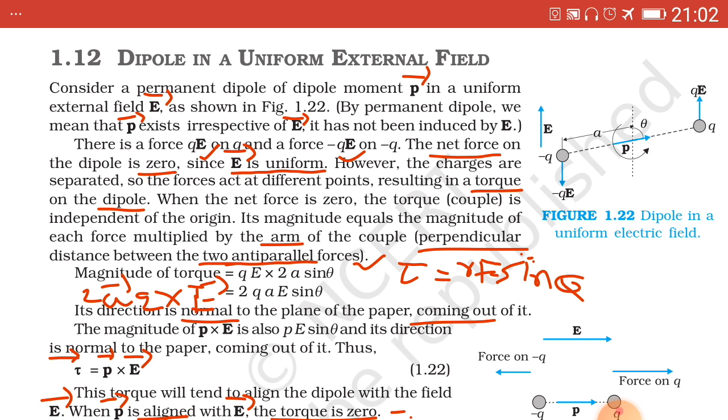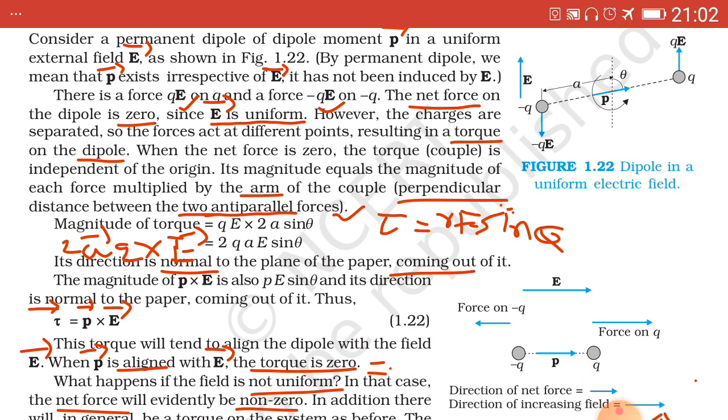The magnitude of the torque equals the magnitude of each force multiplied by the arm of the couple, that is, the perpendicular distance between the two anti-parallel forces.